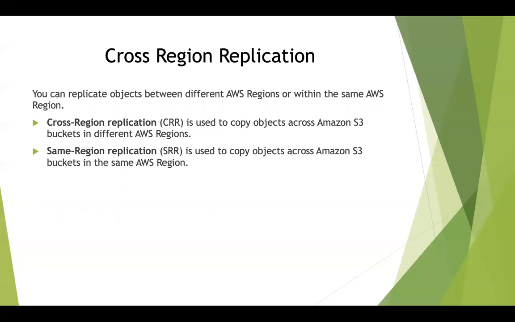But most of the time, I will have it across regions, because even if one region goes down at one point of time, I'll still be able to serve my end users from another S3 bucket that I have placed in a different region. That's the main reason why I do cross-region replication, that is, for disaster recovery purposes.